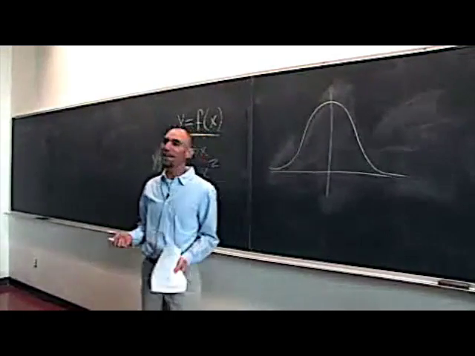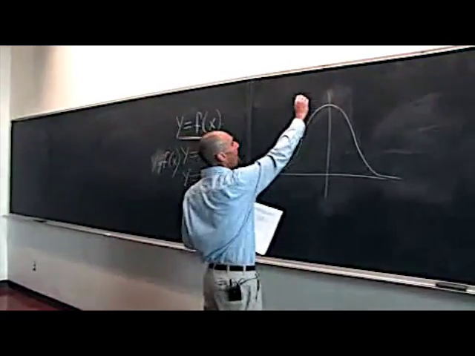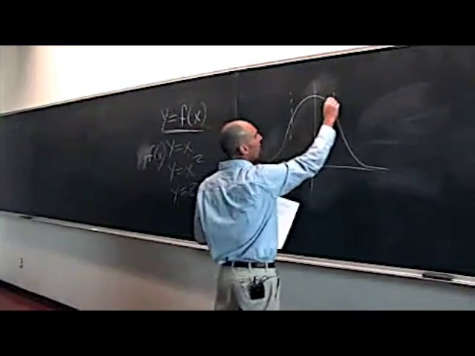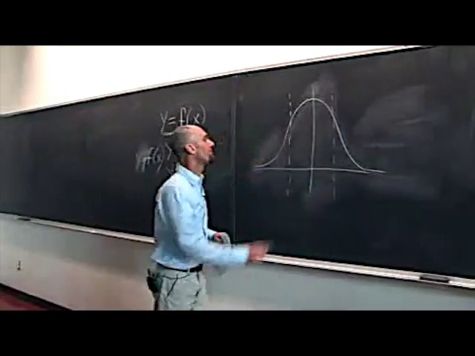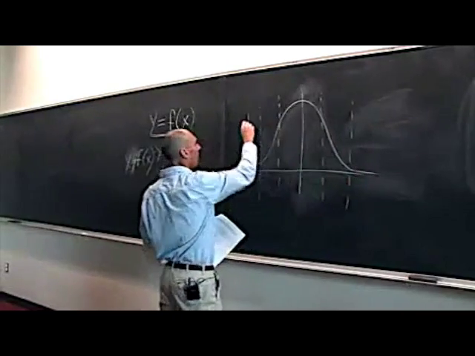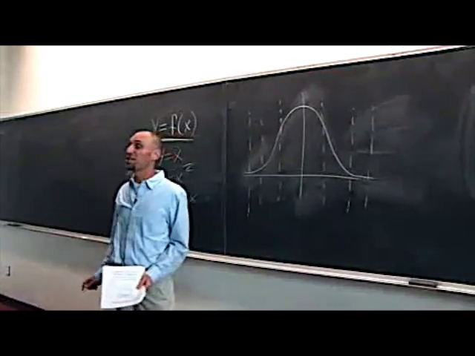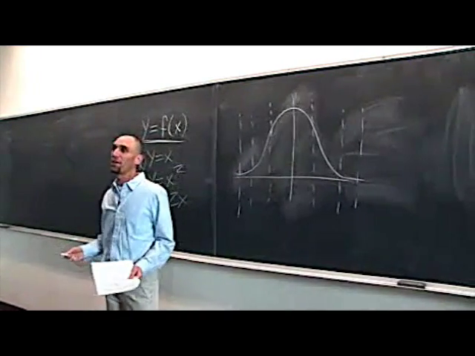And this is the 68, 95, 99.7 rule. What that means, and this is why standard deviation is such an important thing to know.